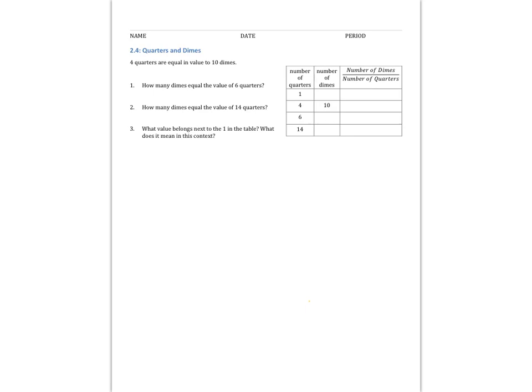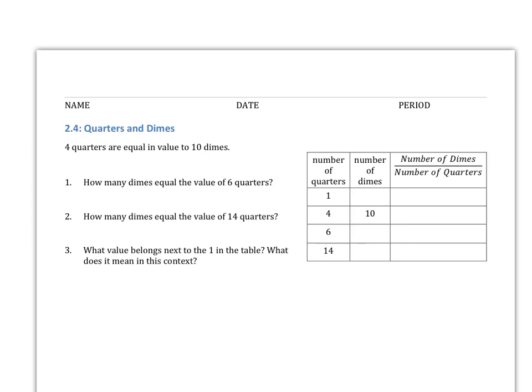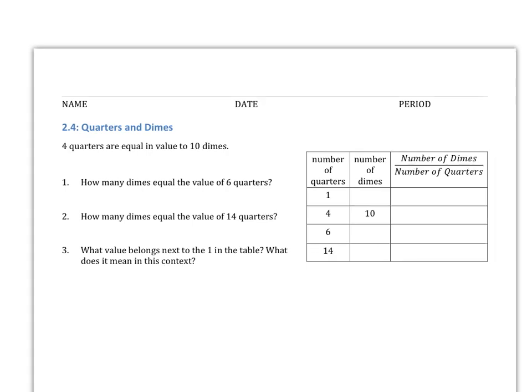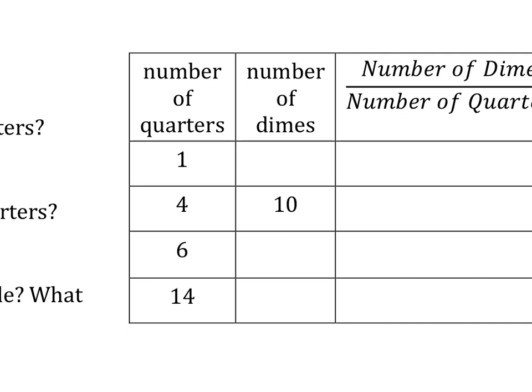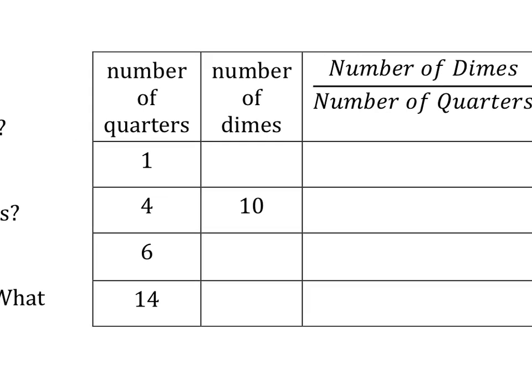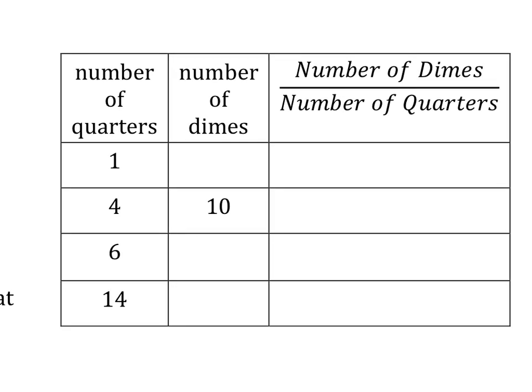So we can use our same idea of proportional relationships to use a table to answer these questions. What we can do here is take a closer look at when we have 4 quarters and 10 dimes. To figure out the constant of proportionality, remember that's the number you multiply the first column by to get the second column.